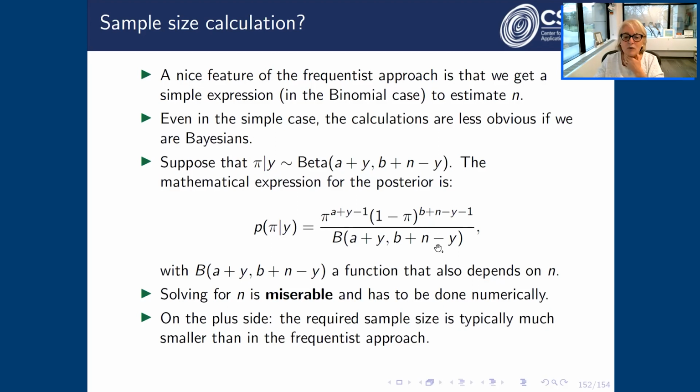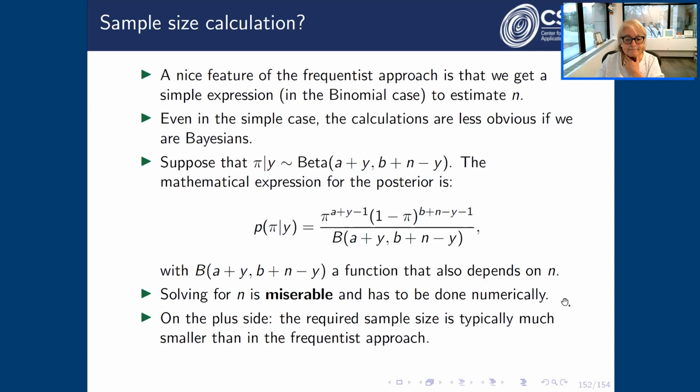So if I want to solve this expression for n, good luck. It's kind of miserable, to be perfectly honest with you. You can ignore this first term because it doesn't have any n's, but n appears up here in this exponent, and worst of all, it appears down here. So solving for n is non-trivial here. You have to do it numerically, so you have to let the computer do it for you.